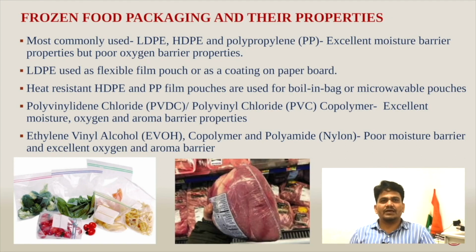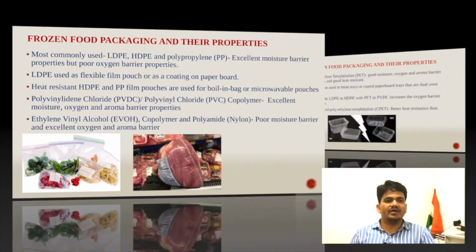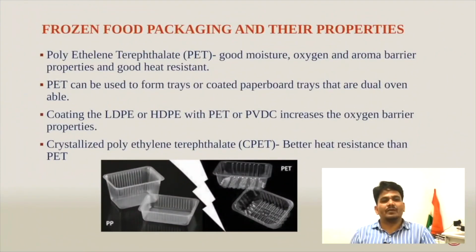So we can see the different materials have different interactions with the moisture, oxygen and aroma of the food. Another material is PET, which has good moisture, oxygen and aroma barrier properties and good heat resistance. This is an additional advantage of PET as a packaging material.